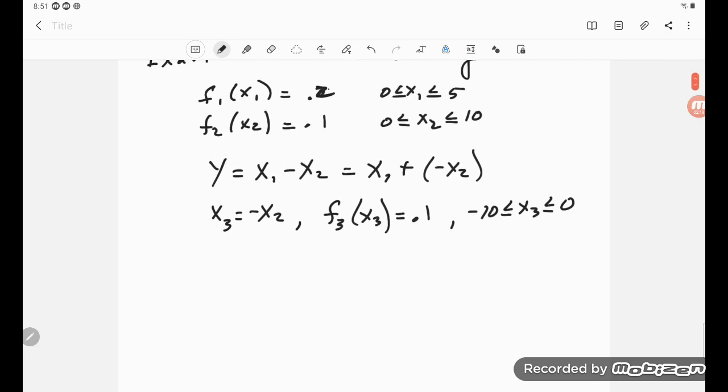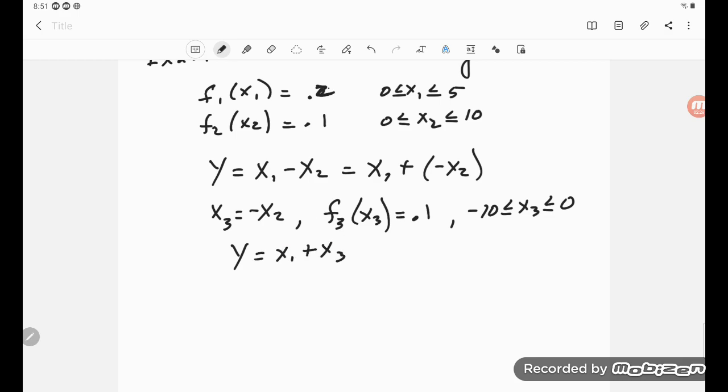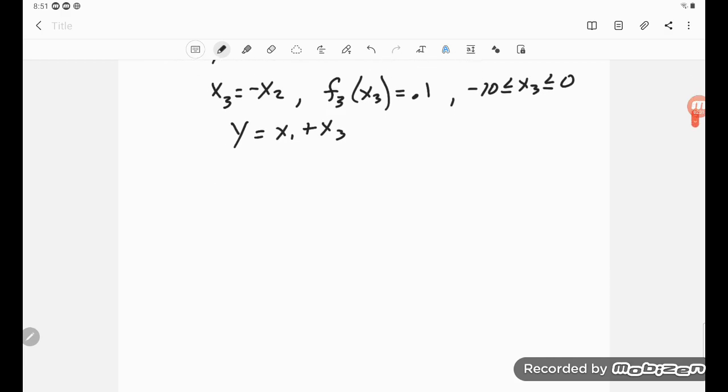Now if I approach this the same way I did with number 4, I have y equal to x1 plus x3. And so I know that 0 has to be less than or equal to x1 less than or equal to 5, and negative 10 has to be less than or equal to x3 less than or equal to 0.